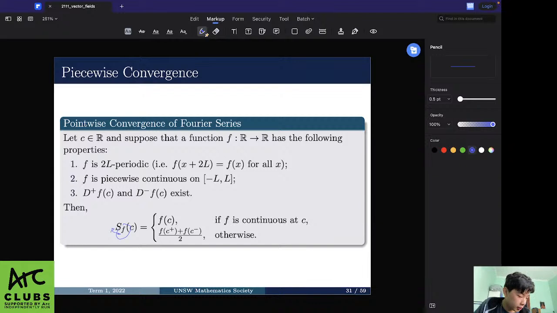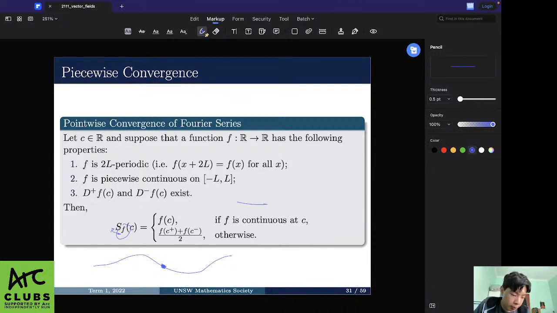And what this says is, if we have a function, maybe like this, the Fourier series at point C is going to be this point right here. So that's if it's continuous. And if it's not continuous, it's going to be the average of the left-hand limit and the right-hand limit.